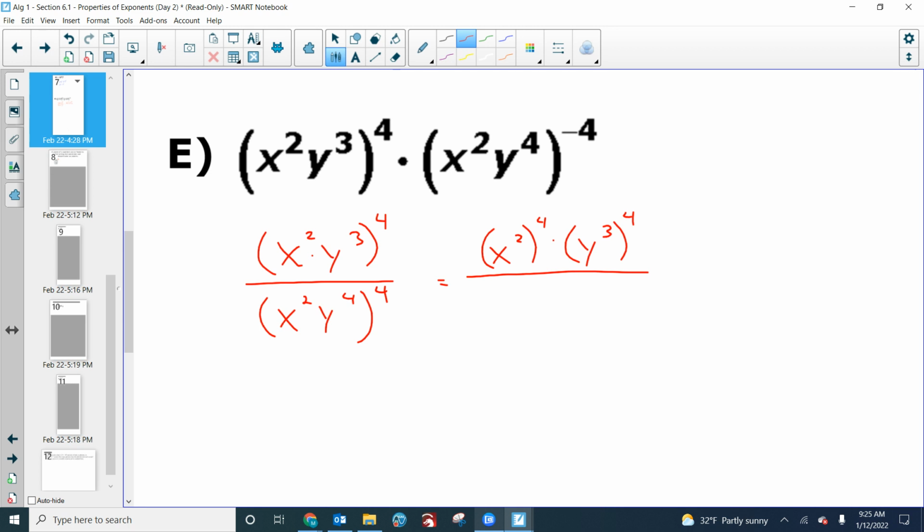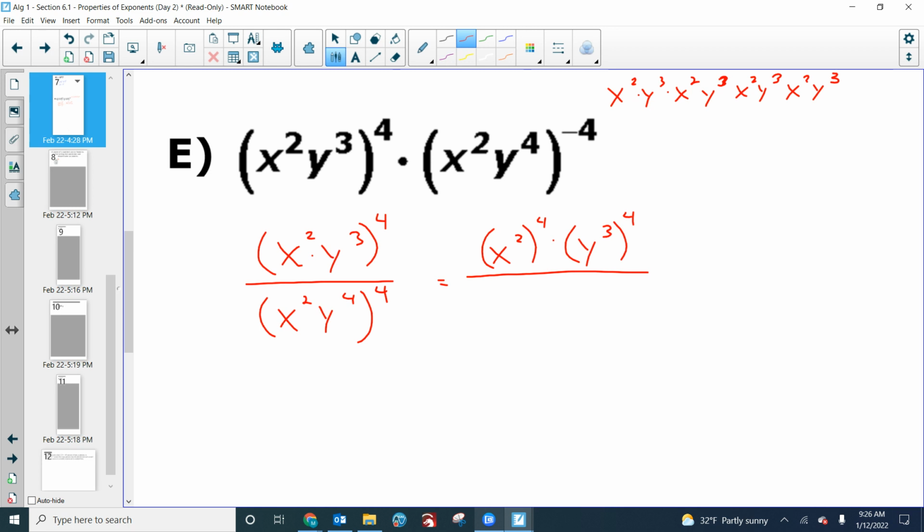Okay. For those that need to see it written out, x squared y cubed, x squared y cubed, x squared y cubed, x squared y cubed. What's x squared times x squared times x squared times x squared?